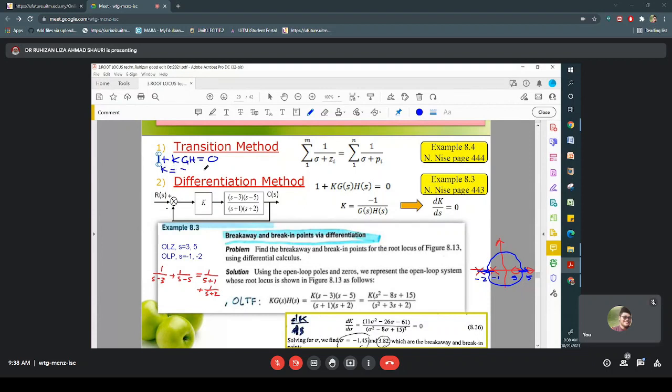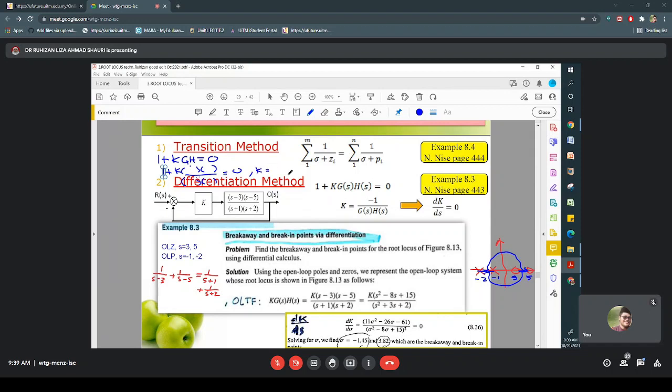K equals negative 1 over GH. Wait, I think it's better for you to solve it this way. 1 plus K (s minus 5)(s minus 3) over (s plus 1)(s plus 2) equals 0. Next, what you need to do is just arrange it.